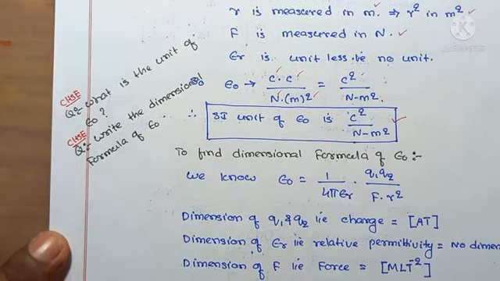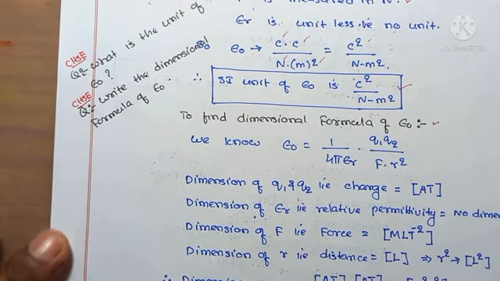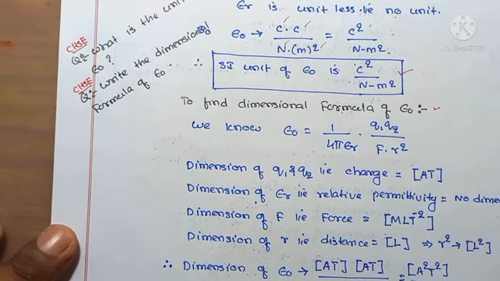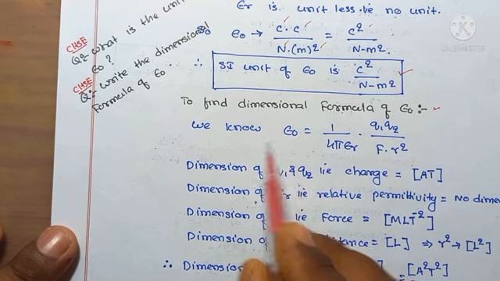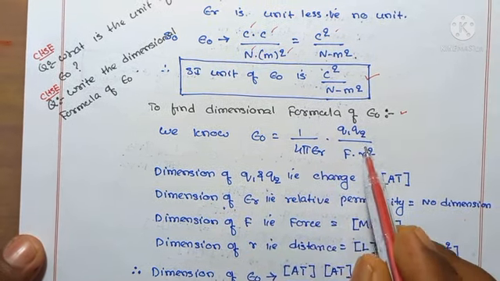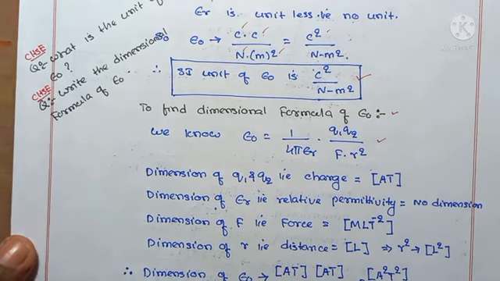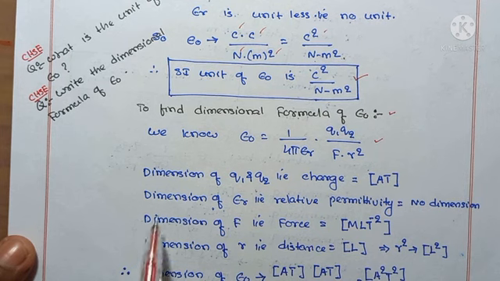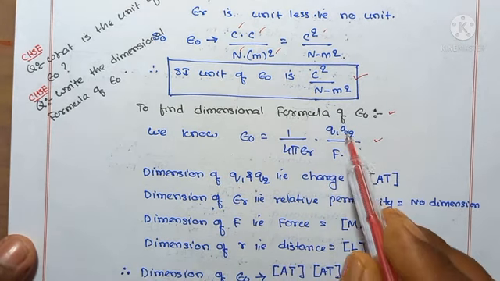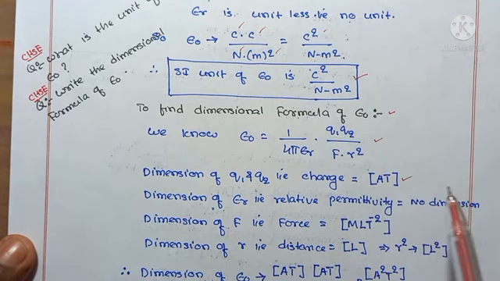Now we will find the dimensional formula of epsilon 0. इसको कैसे निकालते हैं यहाँ सीखेंगे. From this Coulomb's law, we know epsilon 0 is equal to 1 by 4 pi epsilon r Q1 Q2 by F r square. So the dimension of charge is AT.